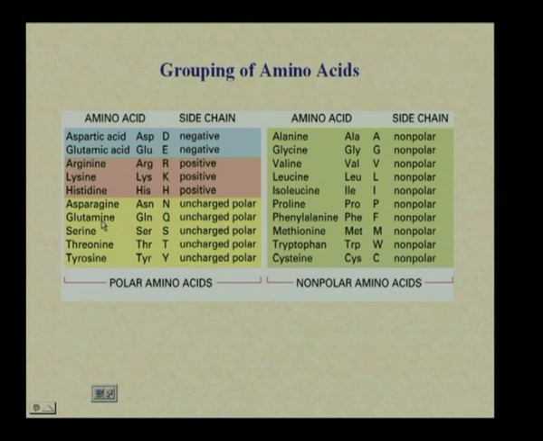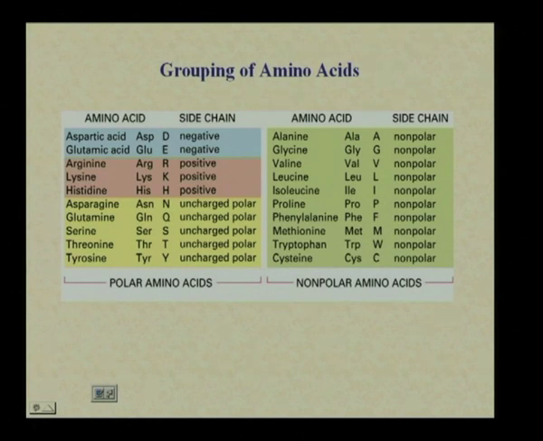We will see why that occurs in a few slides from now. So, the ones that are definitely negative are aspartic acid and glutamic acid. The ones that are definitely positive are arginine and lysine. Okay? We also see histidine in this particular grouping of amino acids.